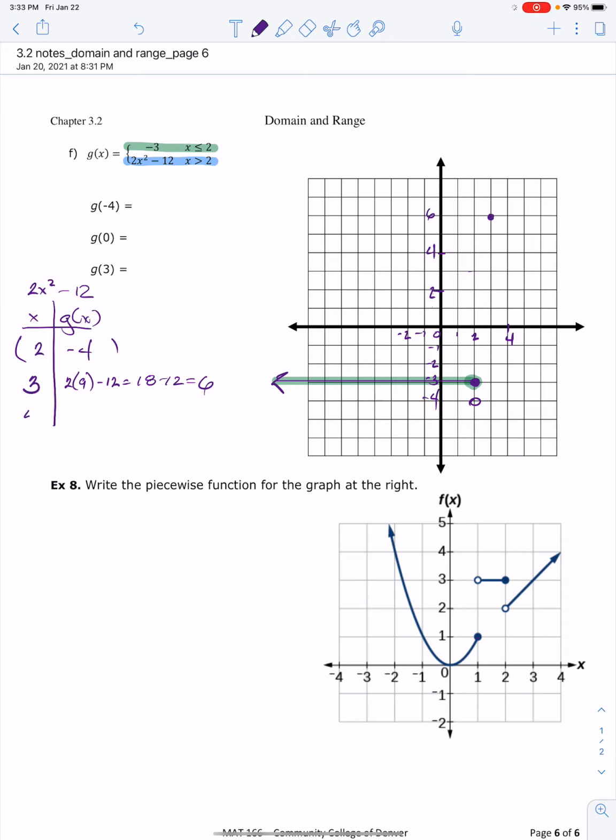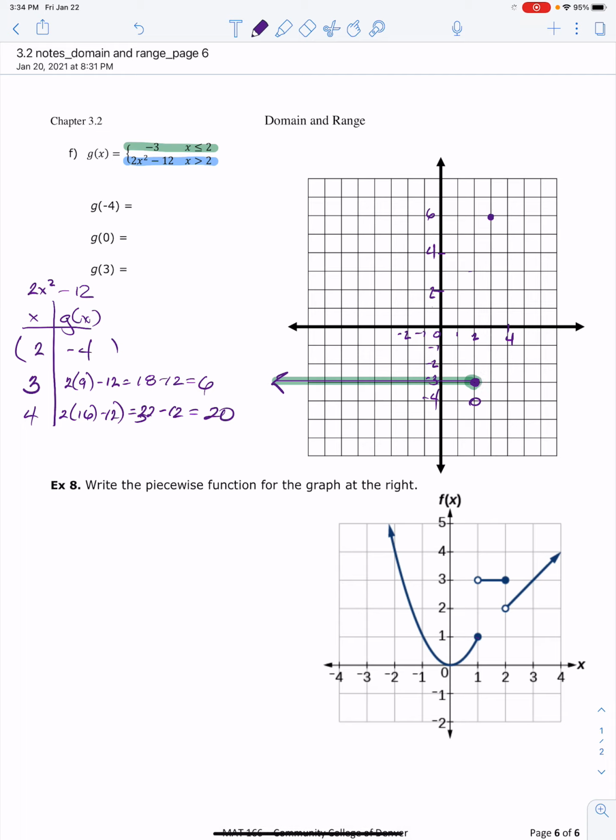And I'm pretty sure by 4, I am going to run off the page. So I got 3 squared, 2 times 16 is 32, minus 12, which is 20, way up there. And so I have a super steep part of the parabola here.